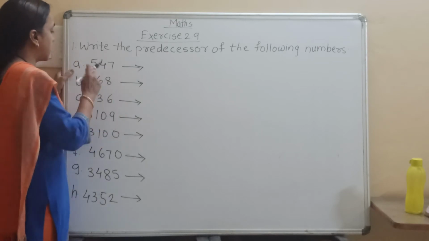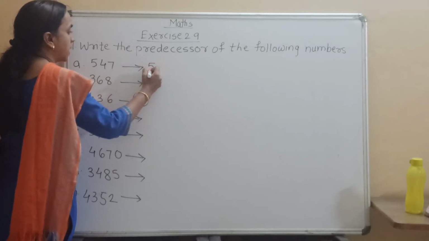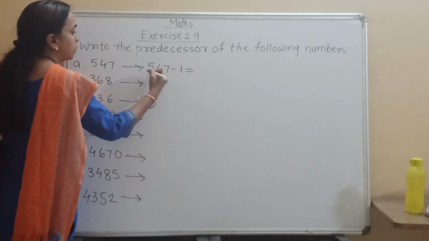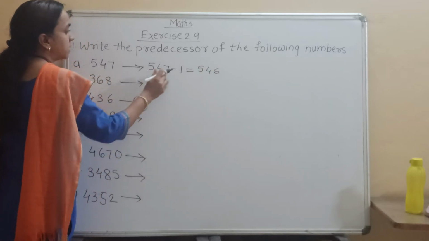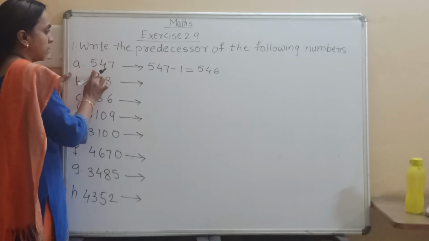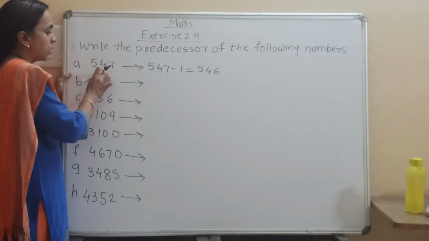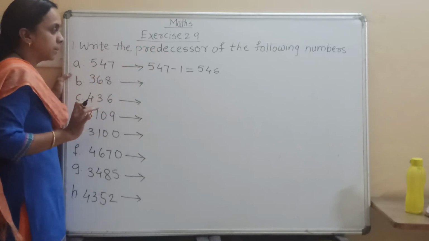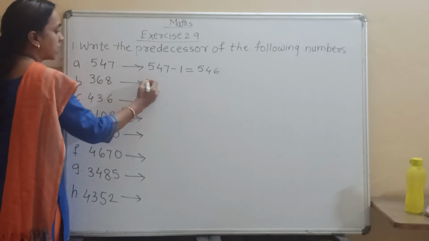So the first example is 547. So 547 minus 1 equal to how much? 546. This is our answer. So the before number of any number is the predecessor of that number. Okay. Now see B question, 368.